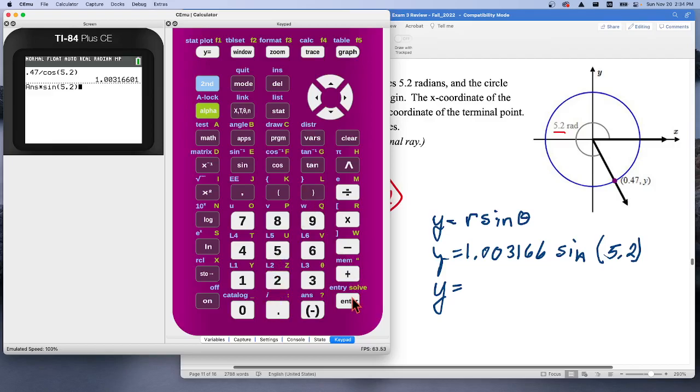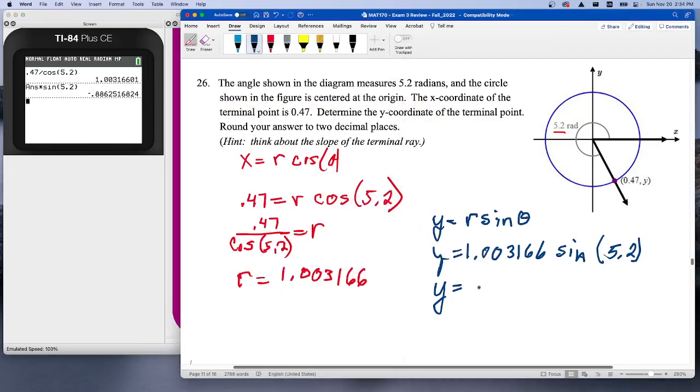Now, on a multiple choice test, you'd probably be close enough, but this is a good way to do it. Notice we are in the fourth quadrant, so it should be negative, and it is. So that's good. Our answer is going to be negative 0.88625.